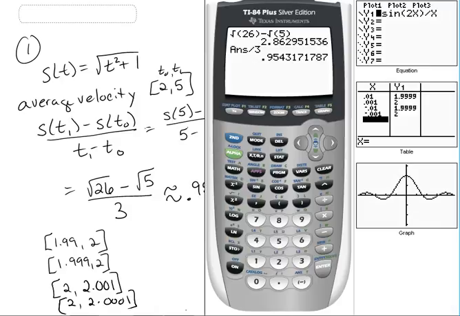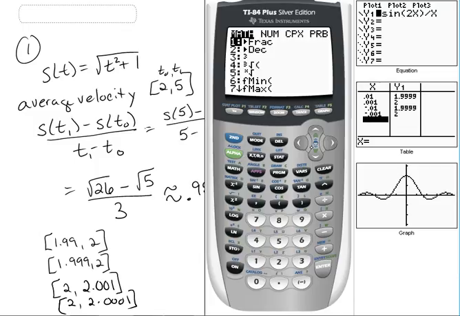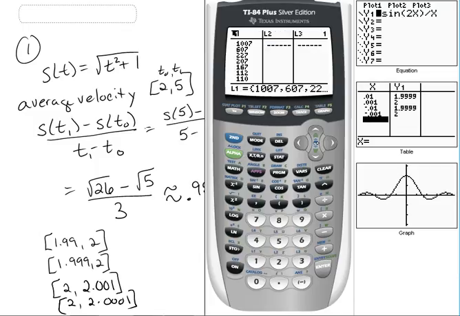And then this is kind of clever how you type this into your calculator. I like to use the list feature. You do stat and then edit is choice 1, and then we can edit our list. So clear this out, and then in L1, just put the left-hand endpoints.